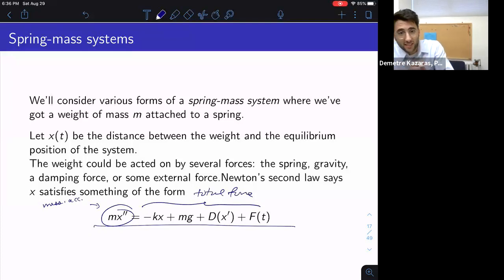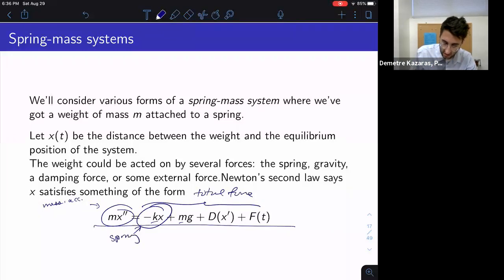But then let me describe what the right-hand side is in terms of total force. So this first term, here the k and m will be constants. This first term will come from the spring. That's how the spring is acting on the mass. So this is kind of the nature of the spring. Here's this mass here.